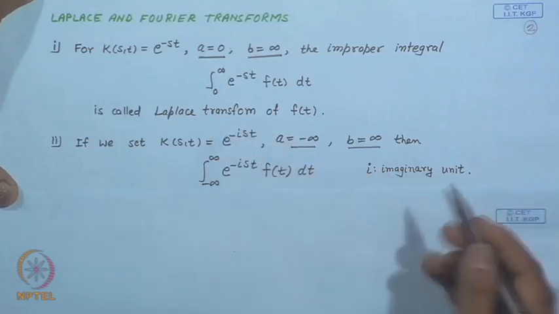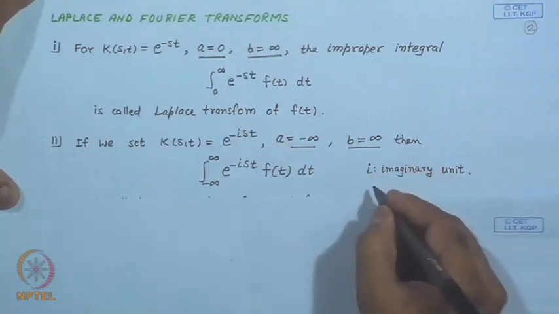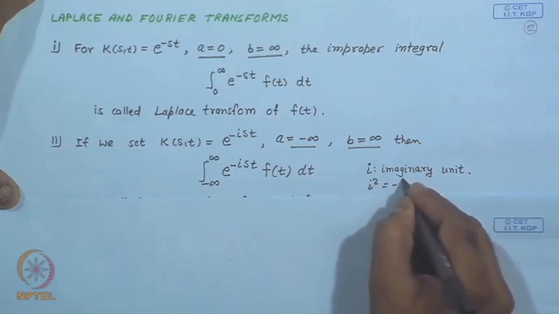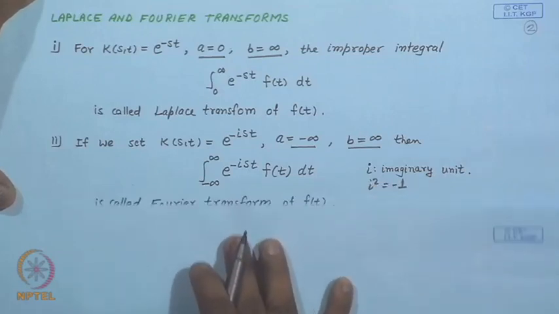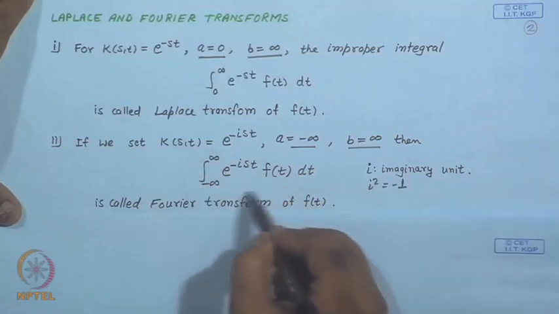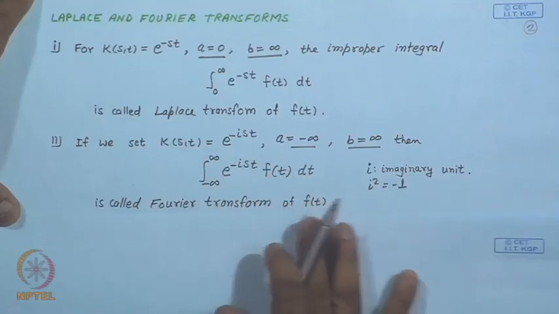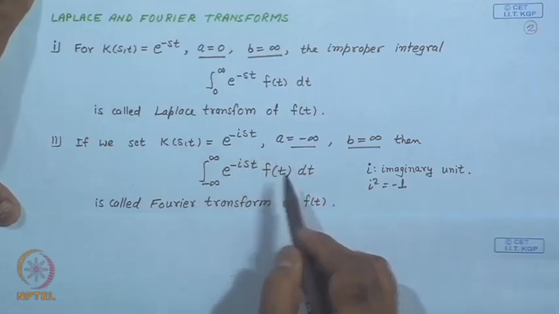Here i is clearly the imaginary unit, that means i squared is equal to minus 1. So this integral transform is called the Fourier transform of f(t).